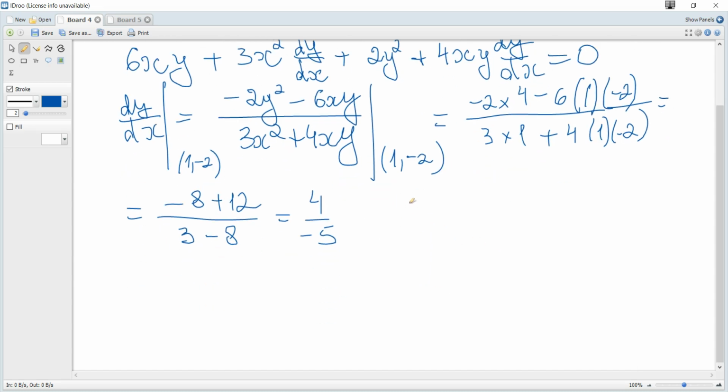It's the gradient of the tangent, hence the gradient of the normal is the negative reciprocal, it means opposite sign and flipped, so it's 5 over 4.